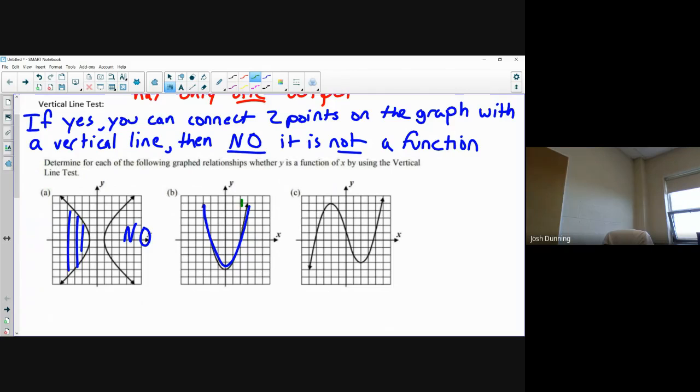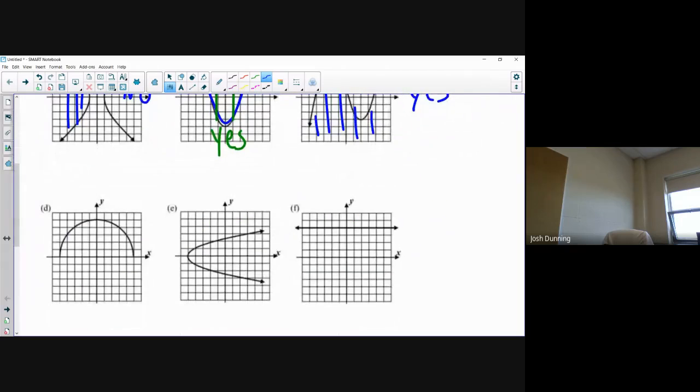I can't do it, so yes, it is a function. C as well. There's no way. Yes, it is a function. D, a semicircle. Nope, there's no way. So yes, it is a function.